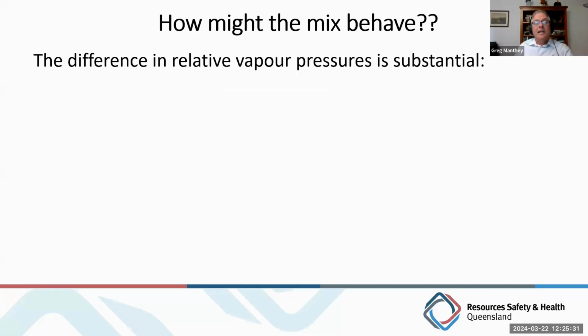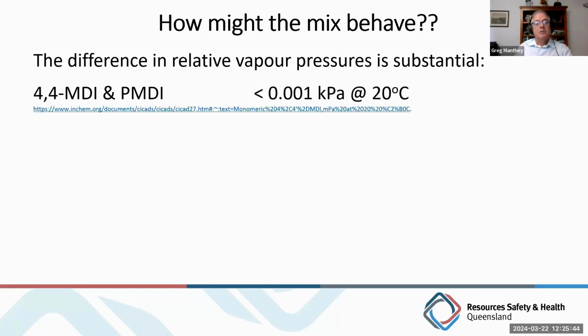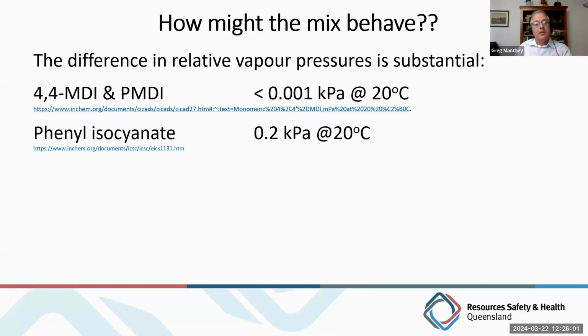Some of it has to do with how the substance behaves. In this case, the liquid that we were looking at has multiple components. The majority of the components are 4,4-MDI or polymeric MDI, which has an extremely low vapor pressure. 1 millipascal is the vapor pressure for 4,4-MDI, which makes up the bulk of the liquid.